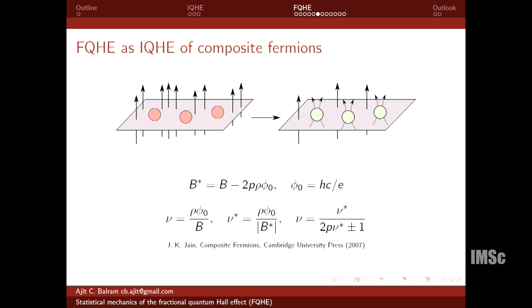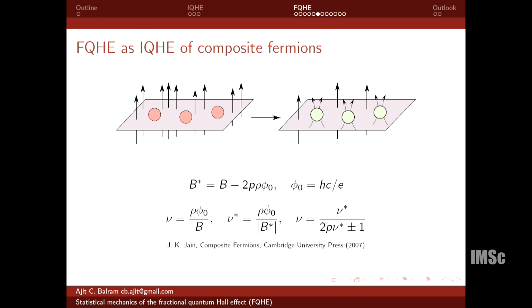From this large magnetic field, 2 fluxes go and bind to each of these electrons to form composite fermions. And these composite fermions, to the 0th order approximation, are non-interacting particles. So they don't talk to each other. And just like non-interacting particles in a magnetic field form Landau levels, these composite fermions themselves form Landau-like levels. And whenever an integer number of these levels are filled, you get fractional quantum Hall effect.